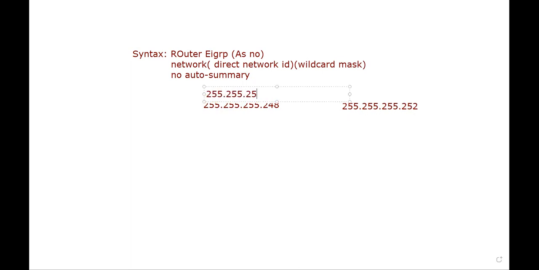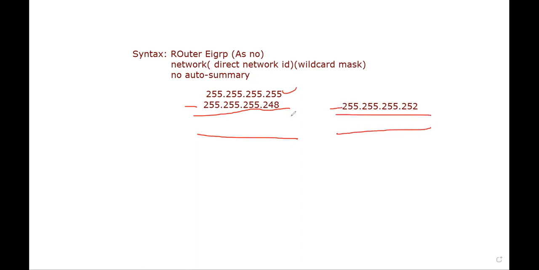You have to use the broadcast address and subtract your subnet mask from the broadcast. So you will get the value 0.0.0.7 and here you will get the value 0.0.0.3.